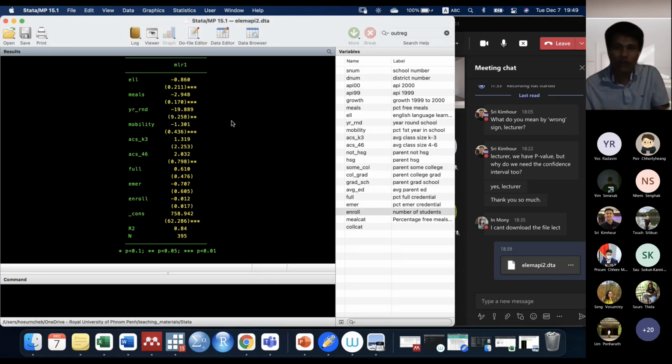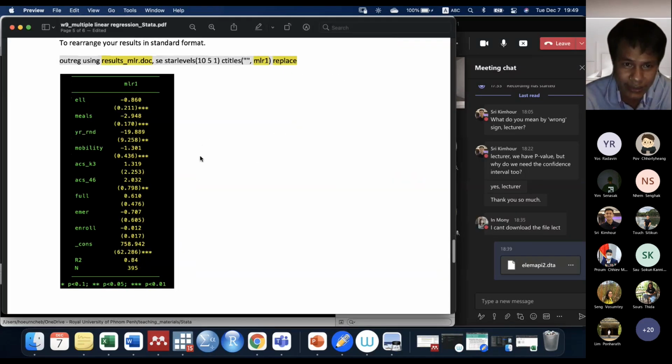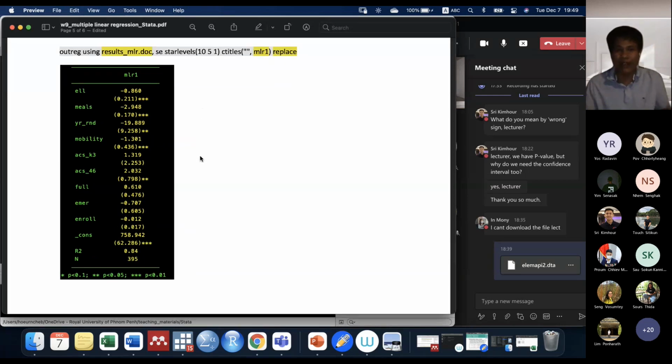Wait a minute. Don't go to your Word file yet. What I want to tell you here is that this table, as you see, is the summary result from the whole regression. So if you interpret based on this result, it's good. Before you extract to the standardized table, make sure you obtain a good result first.